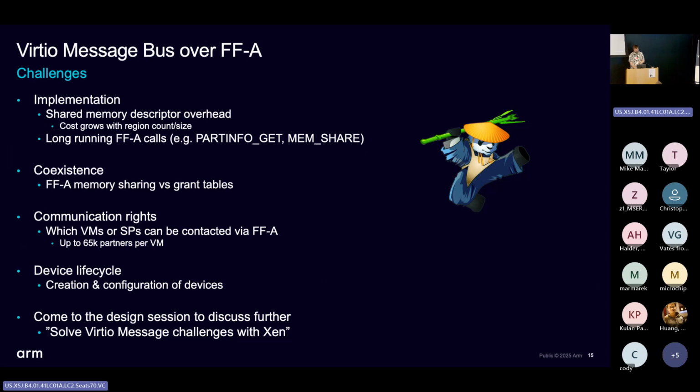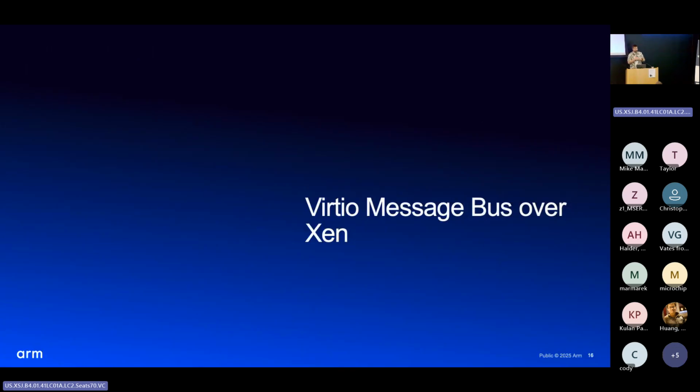us find new solutions. Okay, so I presented something over FFA, and one advantage of FFA is it's a specification from ARM. One disadvantage from the community point of view and for Xen is that it's ARM, so it's not a full solution for Xen. But we might have a solution with Virtio Message to make an architecture-agnostic solution.